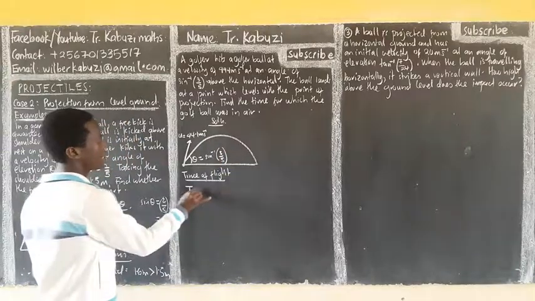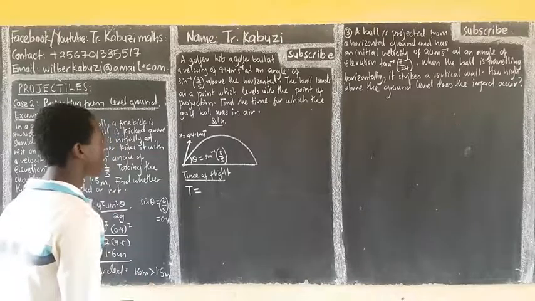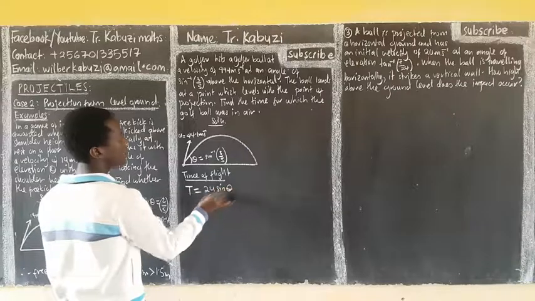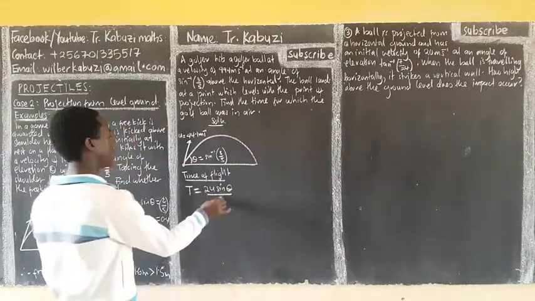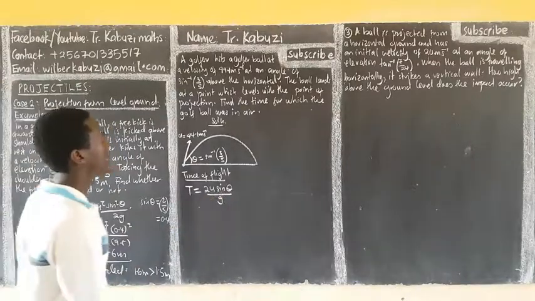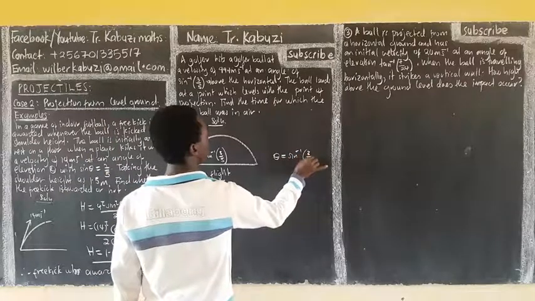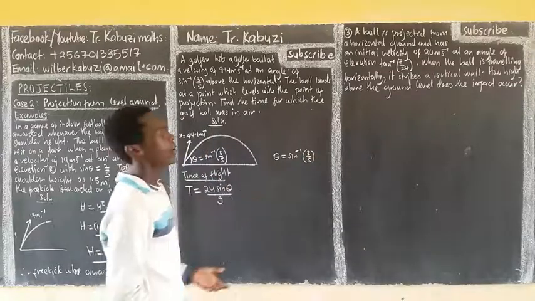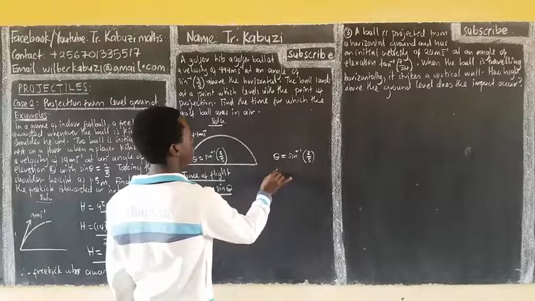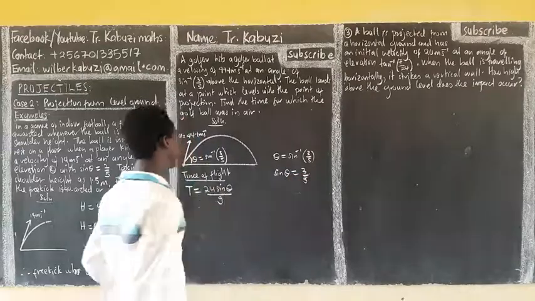So our t is given by 2u sine theta all over g. Now all we need is our sine theta. Since theta is sine inverse of 3 over 5, don't go and get the angle, you're wasting time. You need the sine theta, so just reverse it and you have 3 over 5. Then you can substitute here.